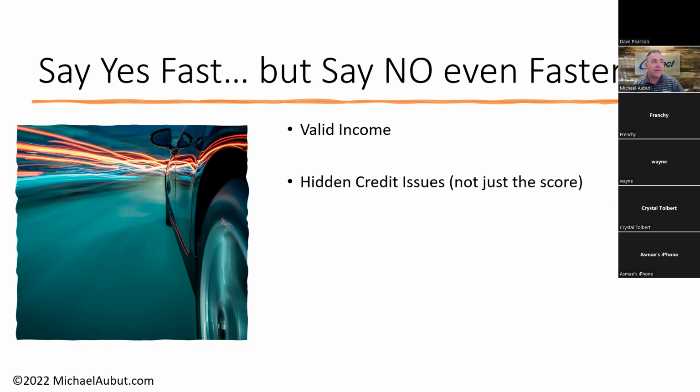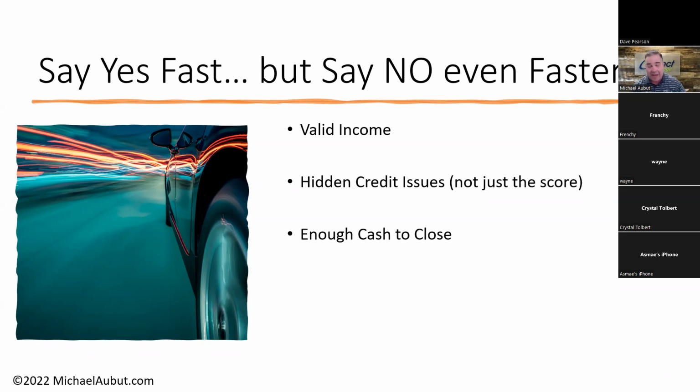Hidden credit issues. If it's an FHA loan and they've got a 630 or a 640 credit score, but they have $4,000 in collections, unless they're medical collections, you have to attribute a payment to those collections based on the balances. So if you didn't, your ratios are going to be wrong.